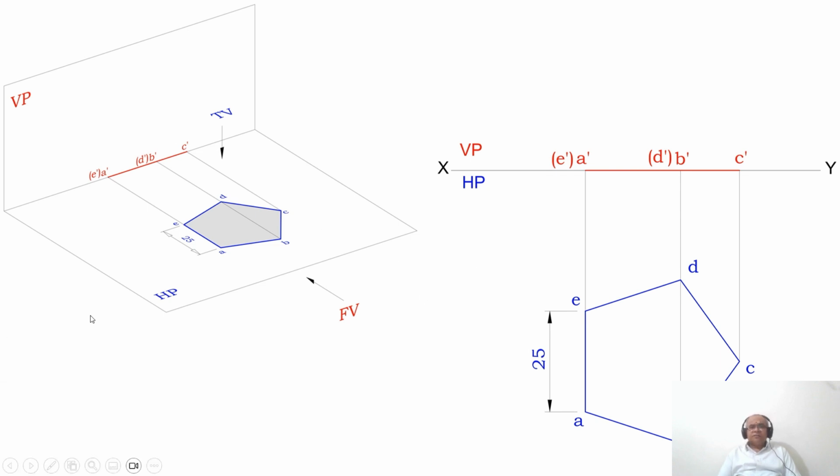First we are going to draw the XY line and mark VP and HP. Then in the sketchbook, you measure a distance of 25 mm and draw a vertical line with a dark line.